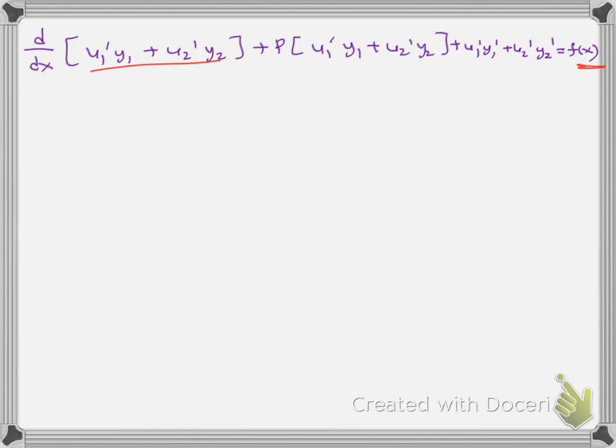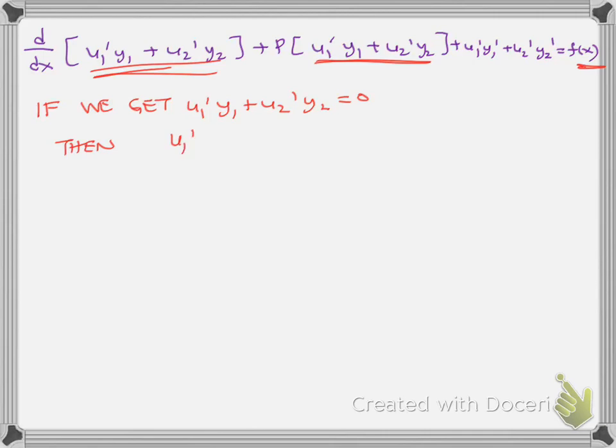So here's the thing. Notice that these two are the same, right? Well, so if we get u sub 1 prime y sub 1 plus u sub 2 prime y sub 2, if we say we want that to equal 0, then that's going to force u sub 1 prime y sub 1 prime plus u sub 2 prime y sub 2 prime to equal f of x.